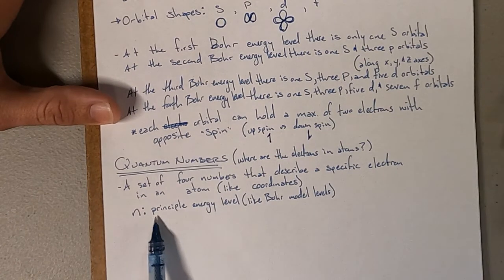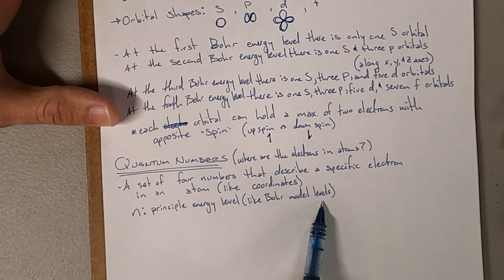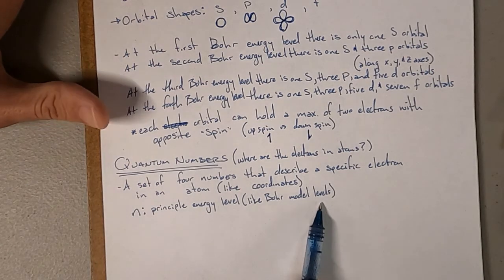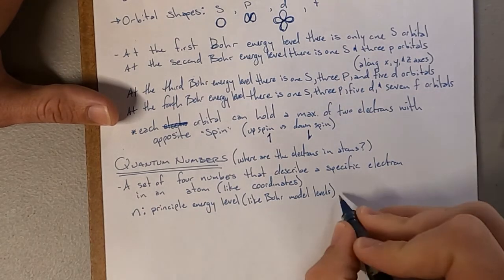And n, it describes the principal energy level of that particular electron, which is similar to the Bohr model levels. And so n could be 1, 2, 3, pretty much all the way up to 7 is where they count up to. And those correspond to the shells from the Bohr model.